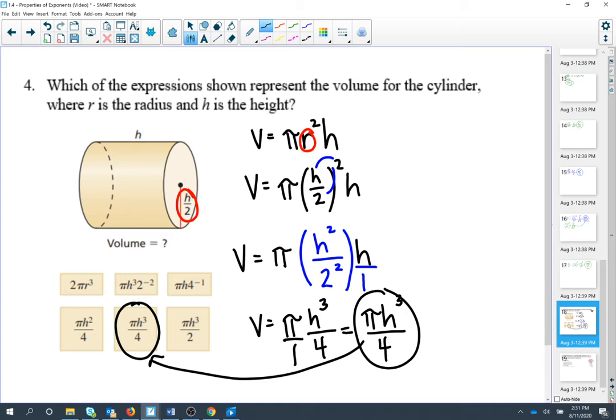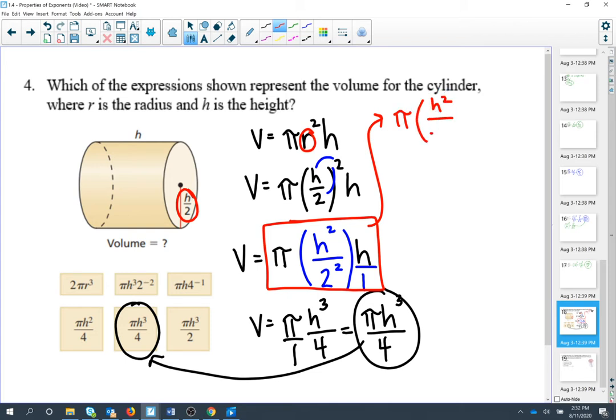I'm kind of looking at this guy, wondering if I can get there. And in order to get there, I think we might have to go back to this step right here. So if we go back to that step right there, it looks like we had pi times h squared over 2 squared times h.